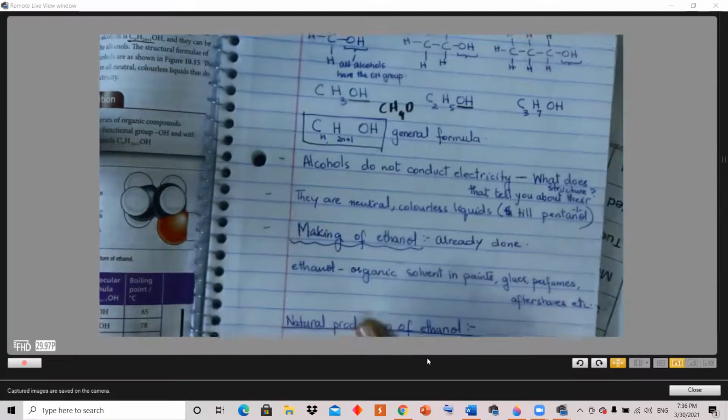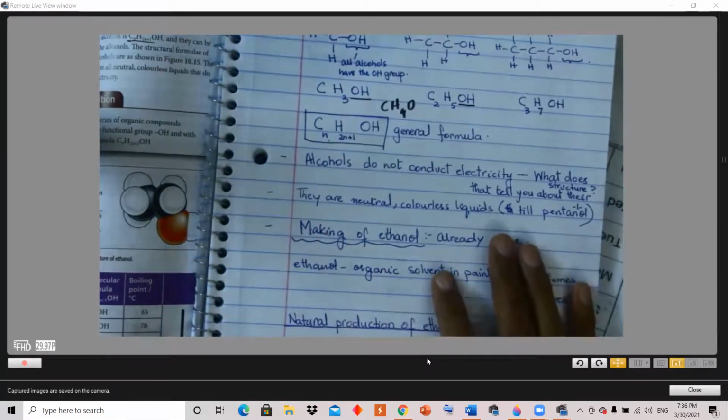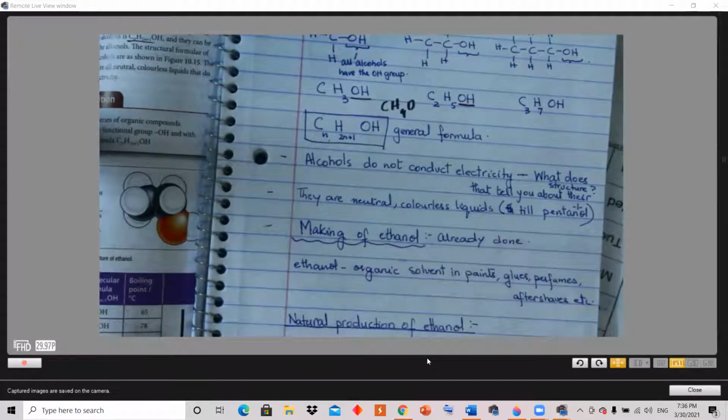It is a good organic solvent. Okay, what did we discuss about organic solvents? What makes a good organic solvent? Why do we need organic solvents? Remember? I discussed it in my last class.